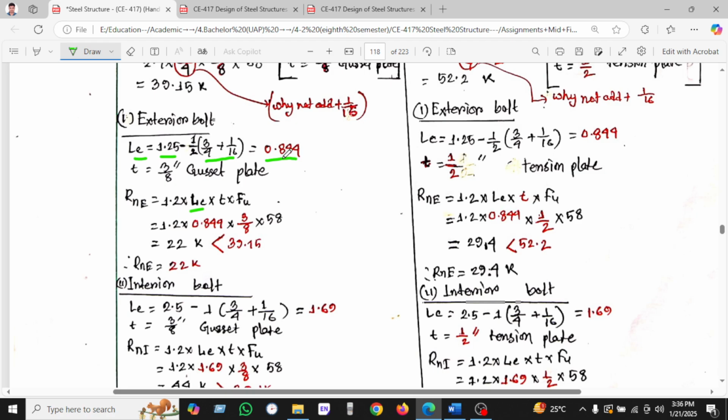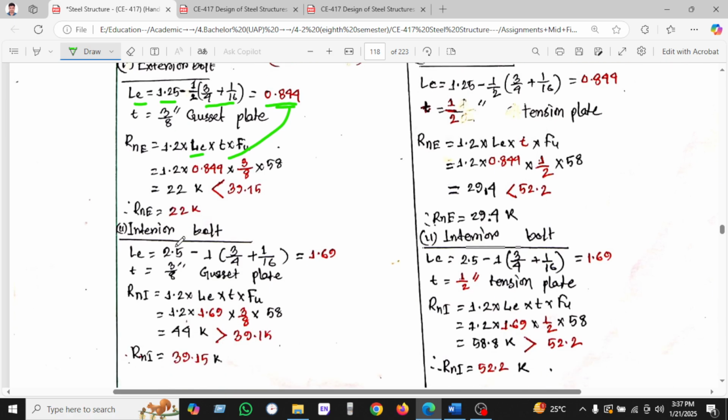Lc we have been found in the previous point 88, and putting this below, 22, which is less than 39.15. So 22 is acceptable.